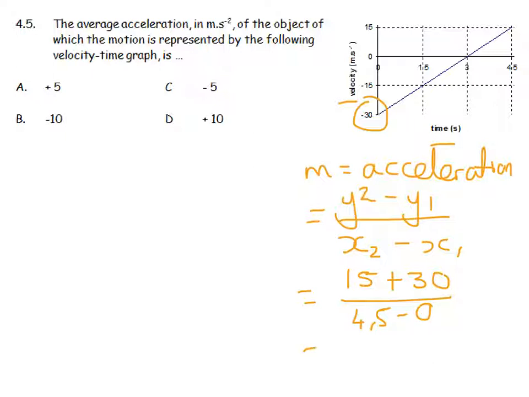And when I plug that into my calculator, I end up with an answer of 10. And therefore, I get positive acceleration. Notice it is an uphill slope on this graph. And therefore, I am going to get a positive 10 meters per second squared. D is your answer.